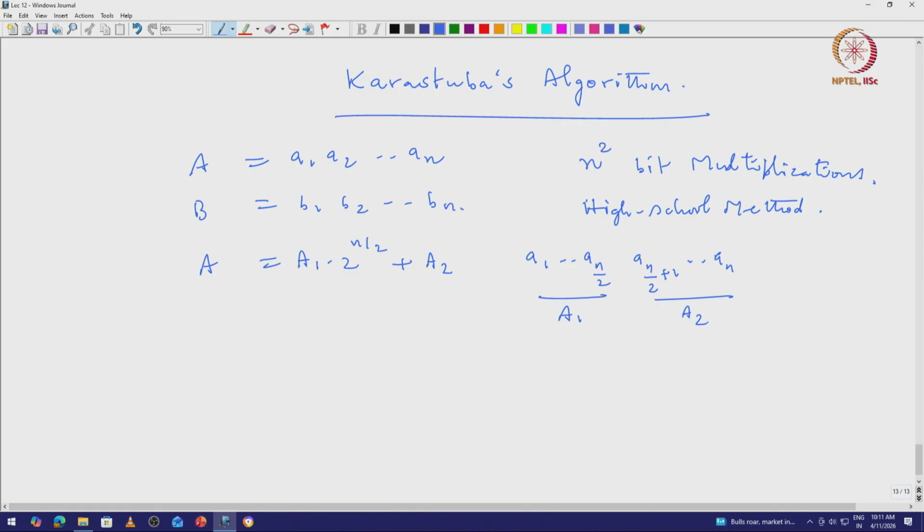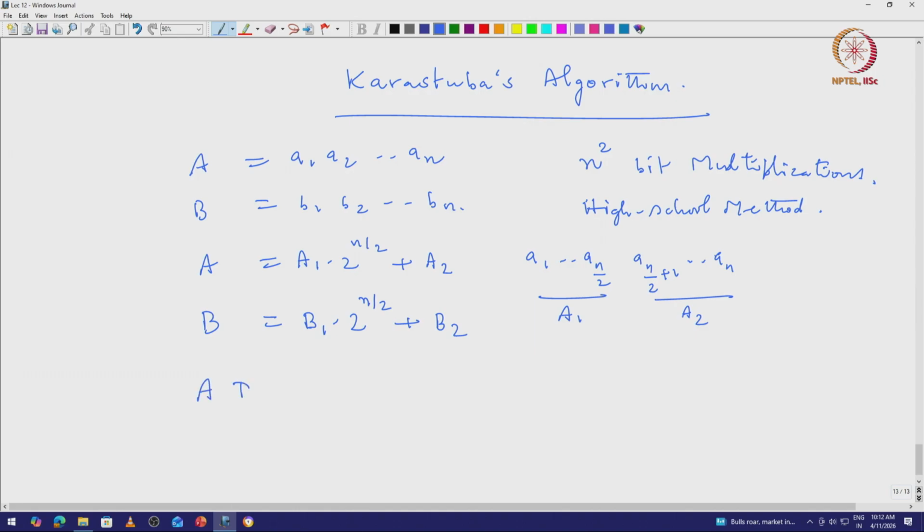The n by 2 most significant bits and n by 2 least significant bits. So, you can write A as A1 times 2 power n by 2 plus A2, and similarly you can write B as B1 times 2 power n by 2 plus B2.